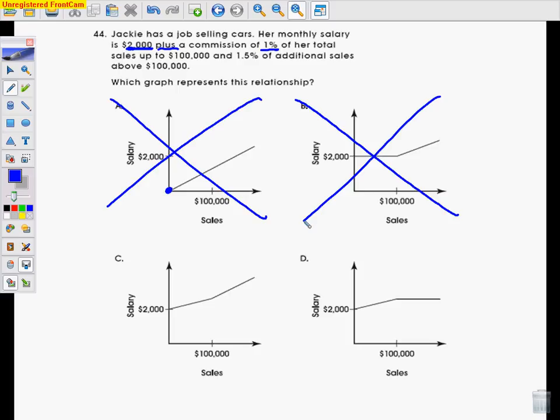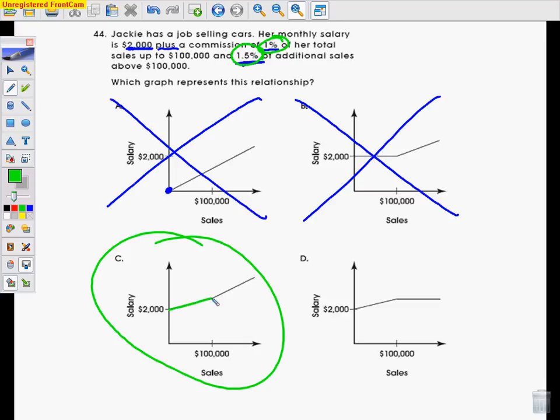Now, when we get to 100,000, there's going to be another increase. We're going to go up even steeper to 1.5. We started off at 1%, and then once we get to 100,000, we go up higher to 1.5%. So the only one that goes up higher after that is C. It starts off at 2,000, increases slightly, and then it starts going up even faster. This one tapered off, so that's not going to be the answer.